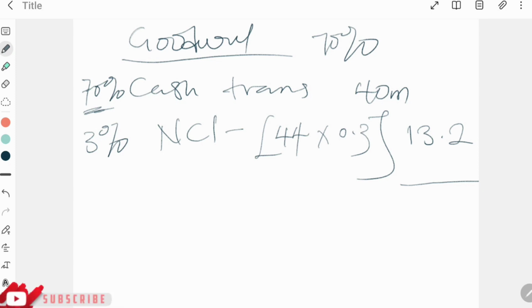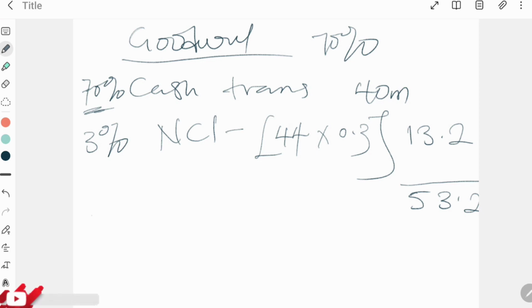13.2 plus 40 is 53.2. That is the total consideration. Moving on, we have to find out what our fair value of net assets is. Sometimes it is not given, and you have to find out what the value of net assets is.